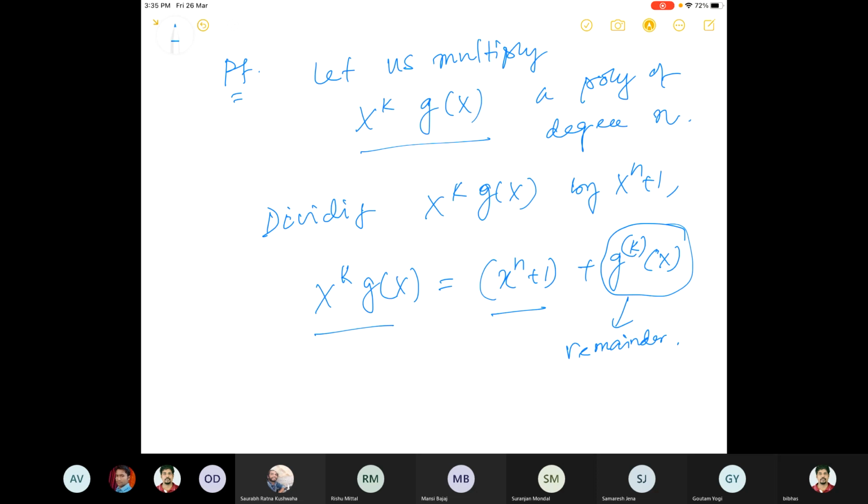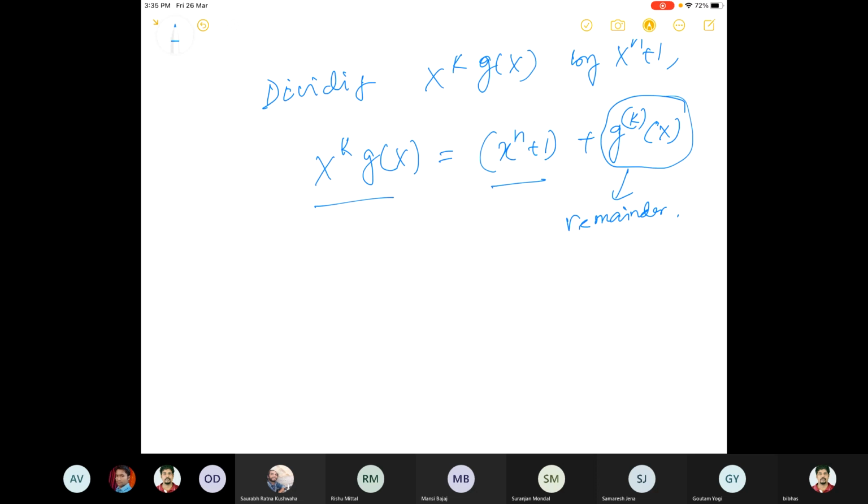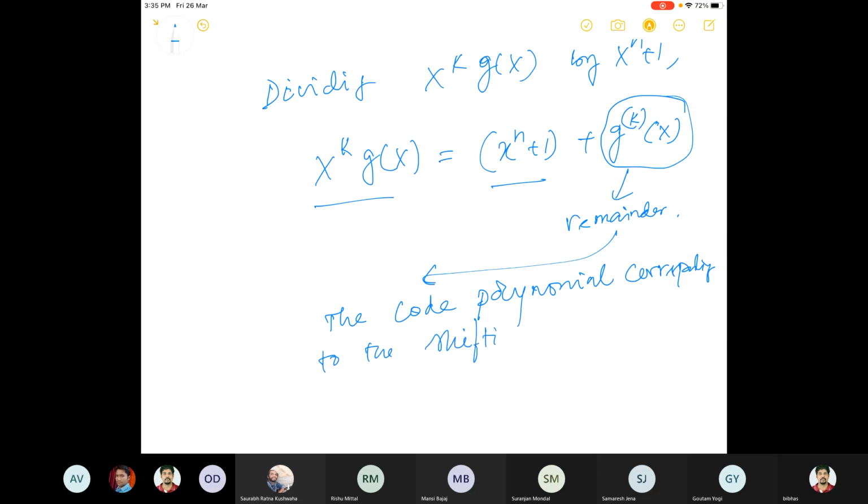So this is the remainder, but this is the code polynomial corresponding to the shifting of g(x) cyclically k times.